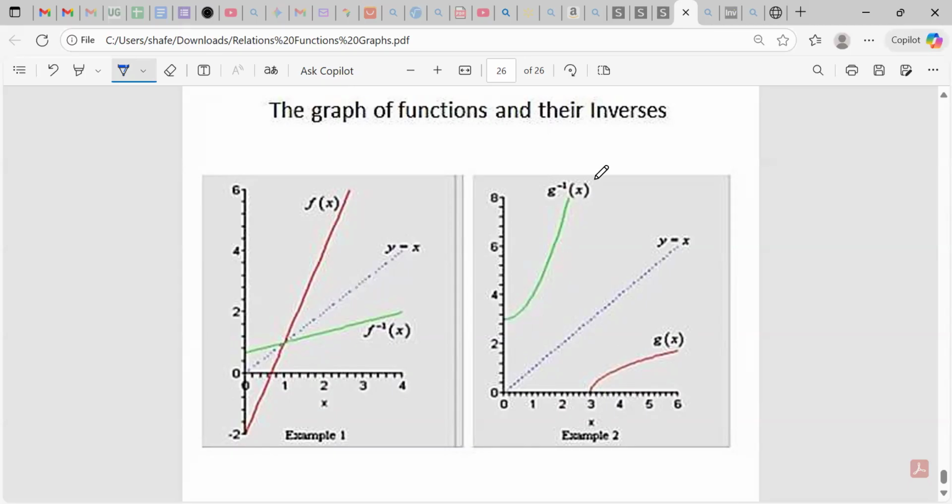G(x) and its inverse, they're both a reflection of each other in the line y equal x, right? That's what you're seeing here. Any function. If you find the function and you find its inverse, the two of them will be a reflection of one another in the line y equal x.